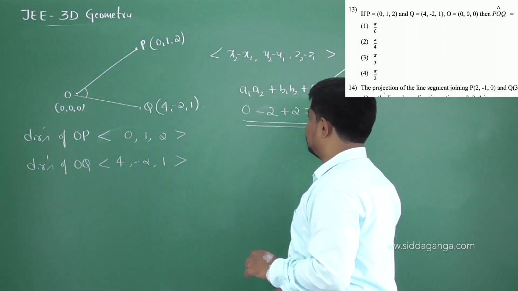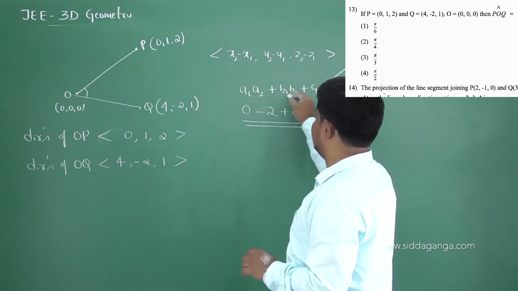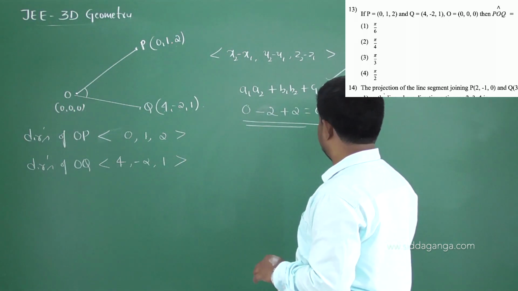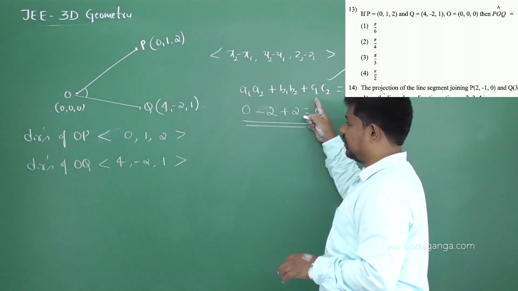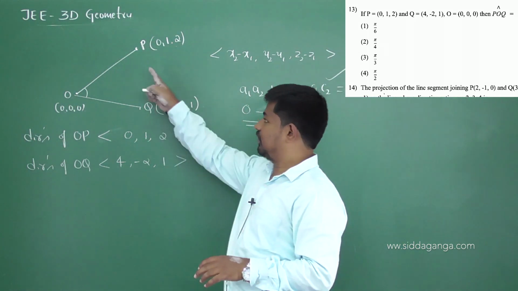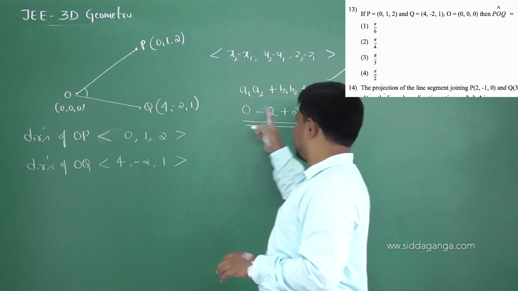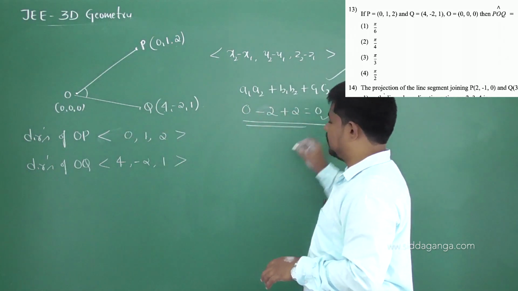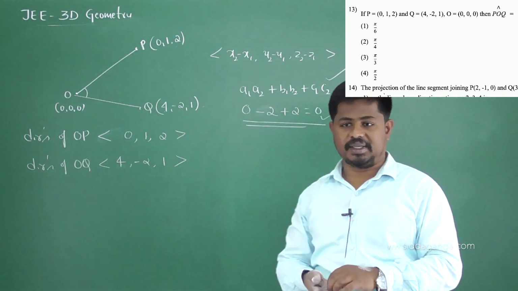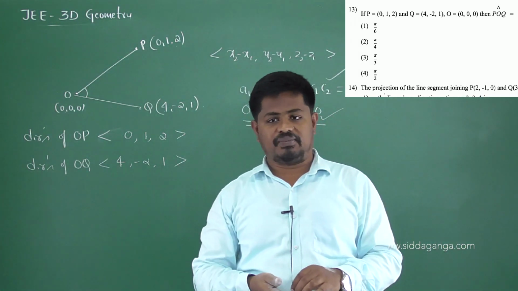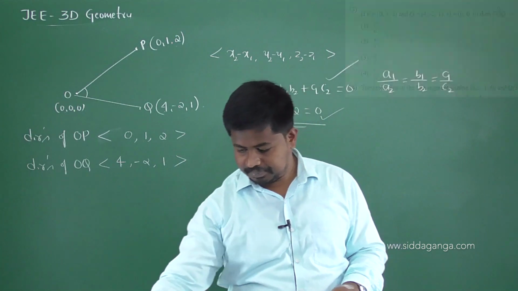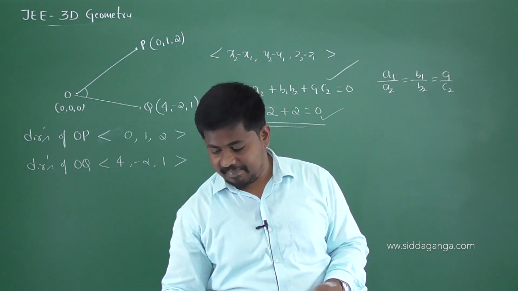Two lines with ratios a1 b1 c1 and a2 b2 c2 are perpendicular only when this happens. I found the ratios for OP as well as OQ and checked the condition. You get 0, so the angle between these two lines is 90 degrees. That is the fourth option. Option 4 is the correct one.